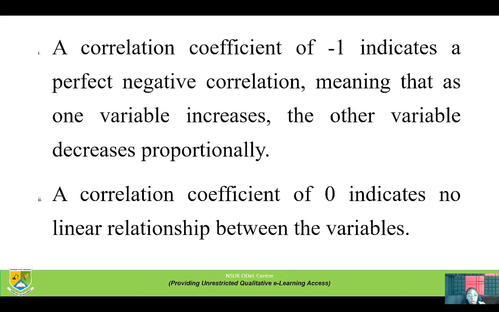A correlation coefficient of -1 indicates a perfect negative correlation, meaning that as one variable increases, the other variable decreases proportionally. A correlation coefficient of 0, that is when R is equal to 0, indicates that there is no linear relationship between the variables.